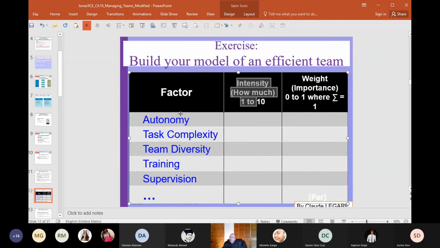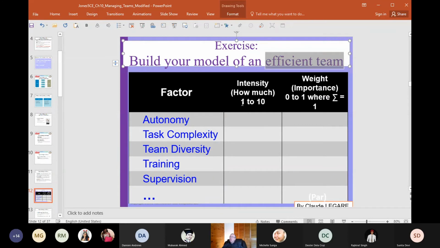For each of these factors, and maybe some others you want to add, what is the intensity that is required to have an efficient team on a scale from 1 to 10, right? For example, if you think that autonomy should be very important, very intensive, in other words, full total autonomy, 100% autonomy, no intervention from any superior, then you will give it a 10, right?